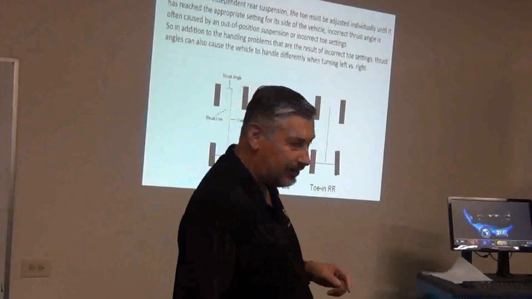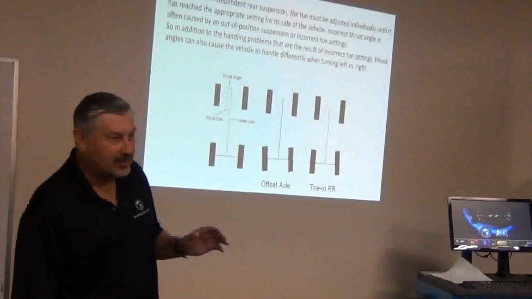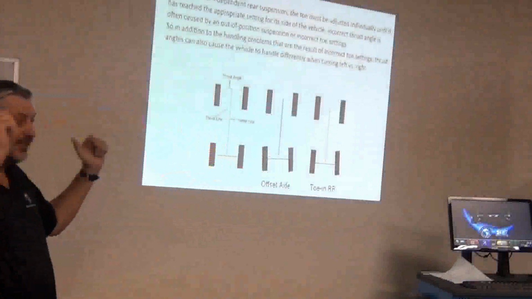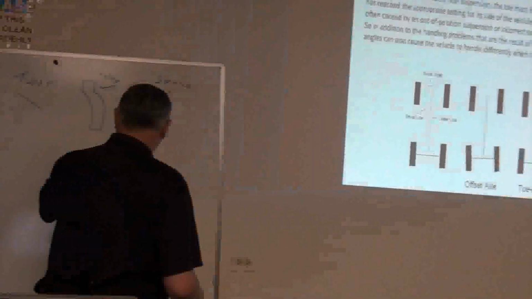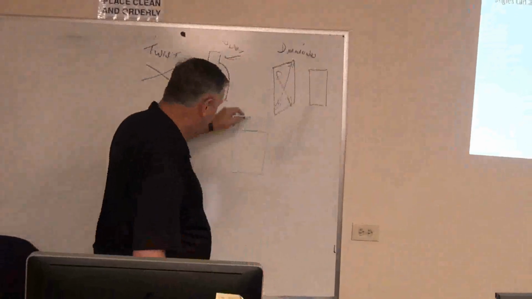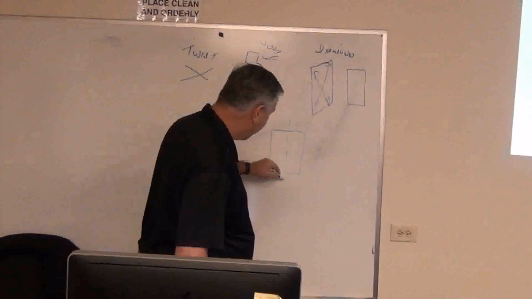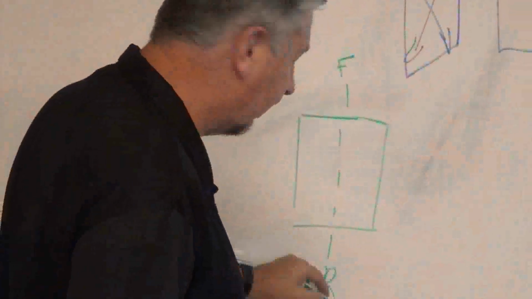Thrust angle is the rear wheels of the vehicle. The key or the secret to a good thrust alignment lies in the back wheels, okay? Now, here we have the vehicle. In the center we have what we call the geometric center line. This is the front of the vehicle, and that is the rear of the vehicle.